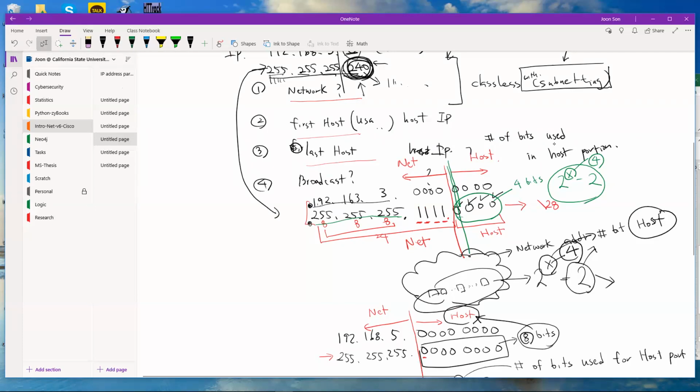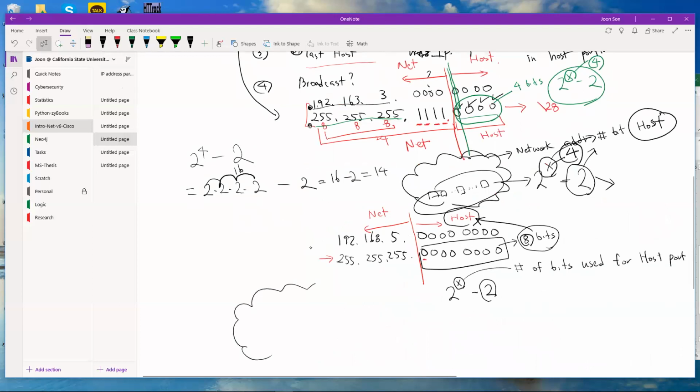I know that 4 bits are used for the host portion, so let's draw the network diagram. What is 2 to the 4 minus 2? It's 2 times 2 times 2 times 2, which is 4, 8, and 16. So 16 minus 2 is 14.